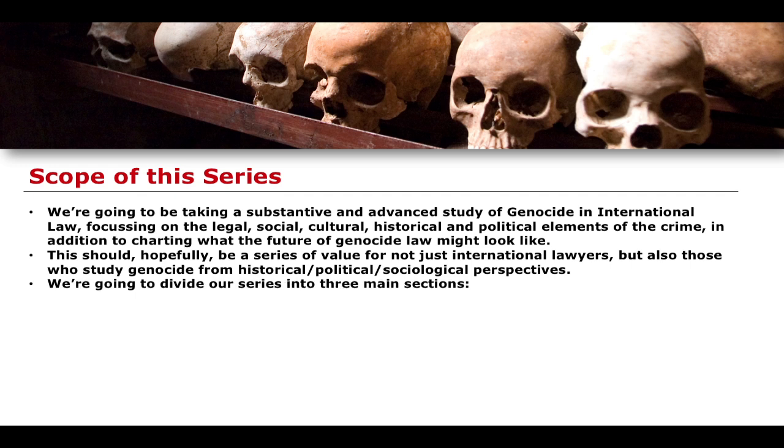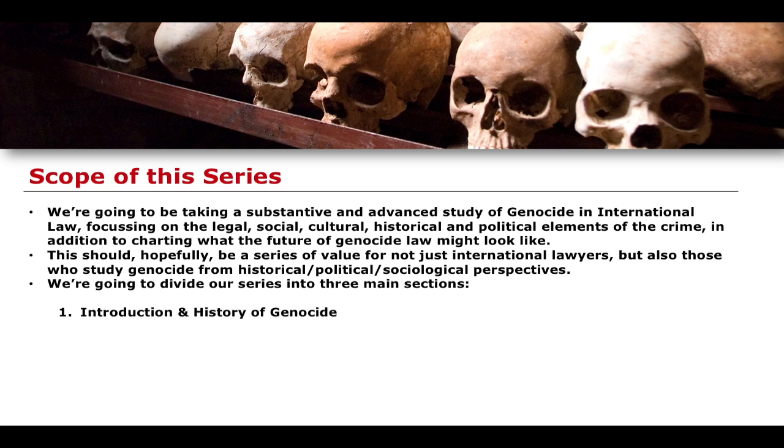And generally speaking, what we're going to do is divide this series into 3 main sections. We're going to first look at the history, okay? And so this is really where we will be focusing our time on people like Lemkin and people like Hersch Lauterpacht and the Nuremberg trials and all of these different kinds of things. And also talking about the process of actually getting the convention into law, actually getting the convention to the General Assembly and into a particularly strong legal standard.